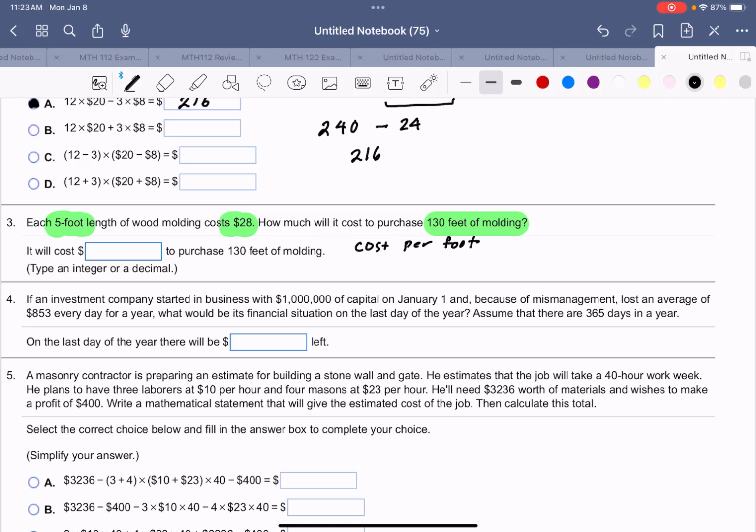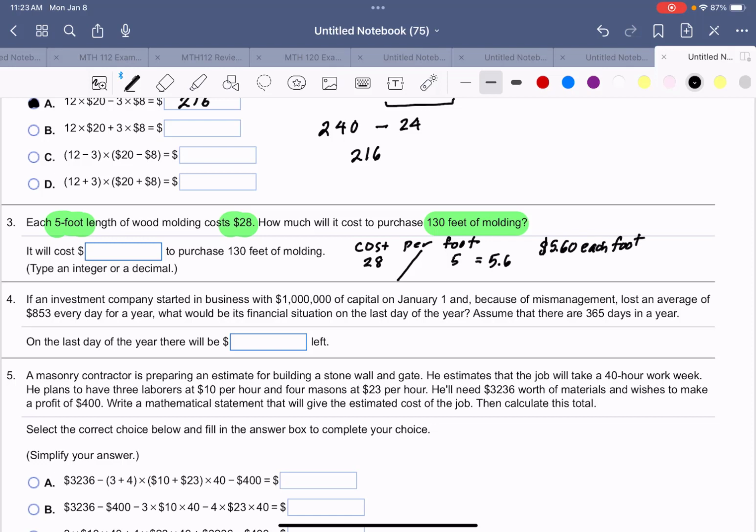And our cost is 28 for 5 feet. And we're going to need to divide that, and that's going to give us the cost per foot. So 28 divided by 5 is 5.6, or $5.60 for each foot.